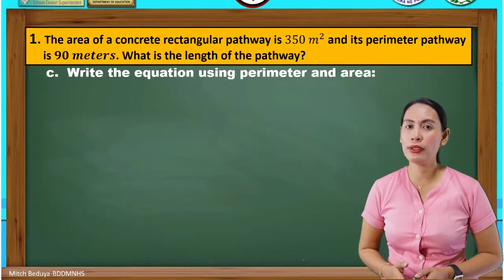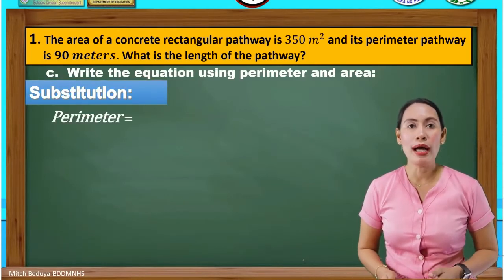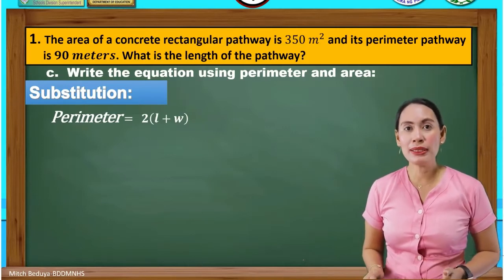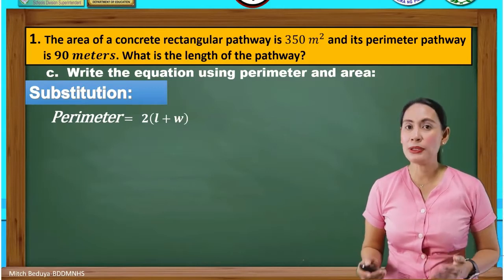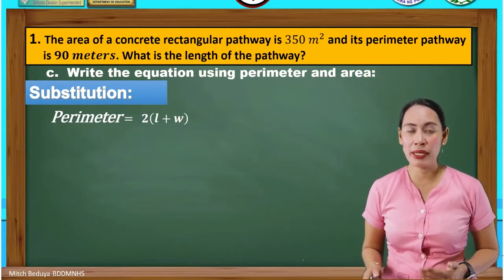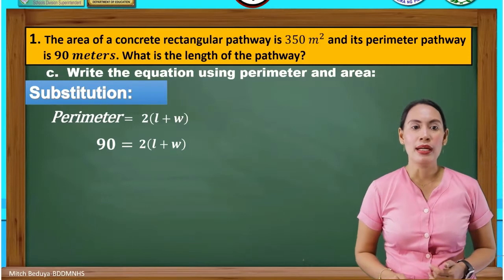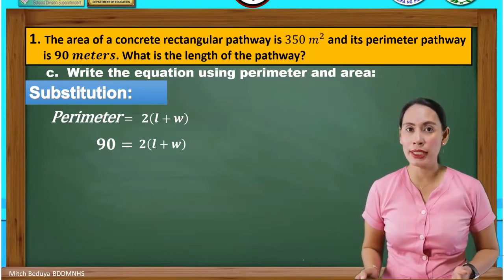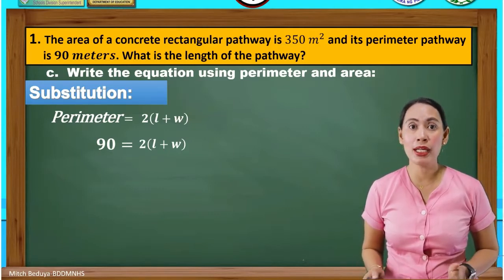By substitution, the formula for the perimeter is 2 times the quantity length plus width, or 2 times the quantity L plus W. Substitute 90 for the perimeter. So 90 is equal to 2 times L plus W. By the division property of equality, we divide both sides of the equation by 2.